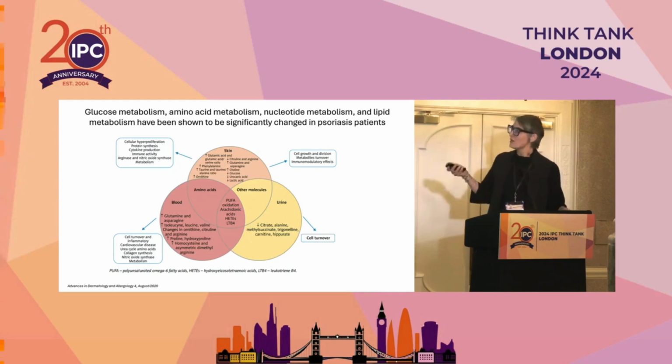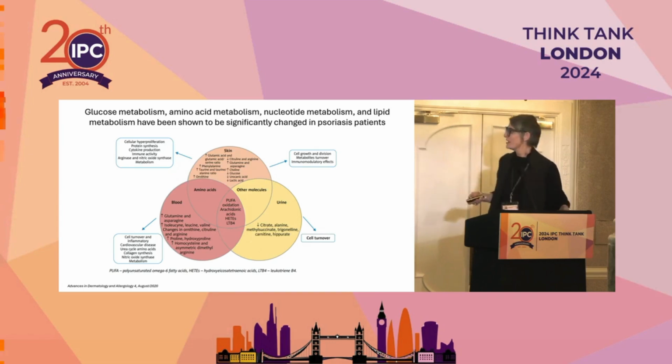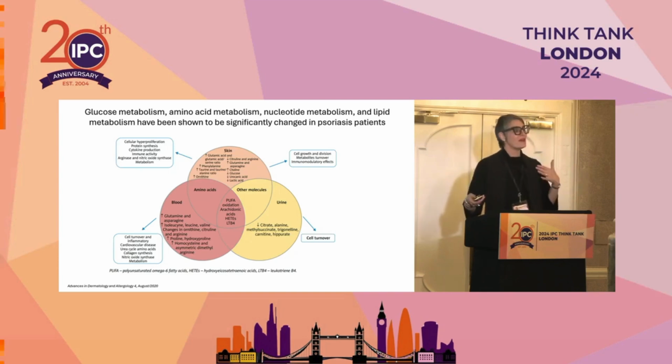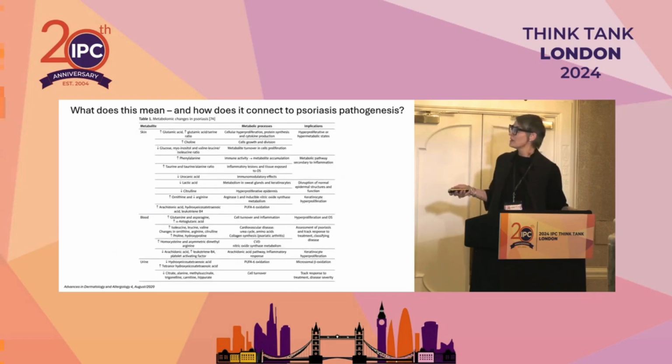But again, look at what it's linked to. It's implied for cell proliferation, cell growth, metabolite turnover. This is the level of knowledge that we have right now about the role of metabolism, metabolomics in psoriasis and psoriatic disease.